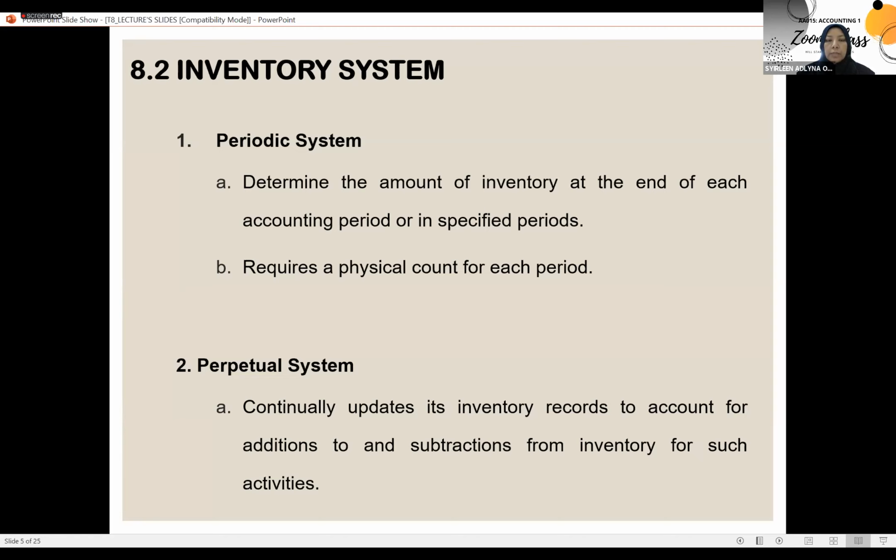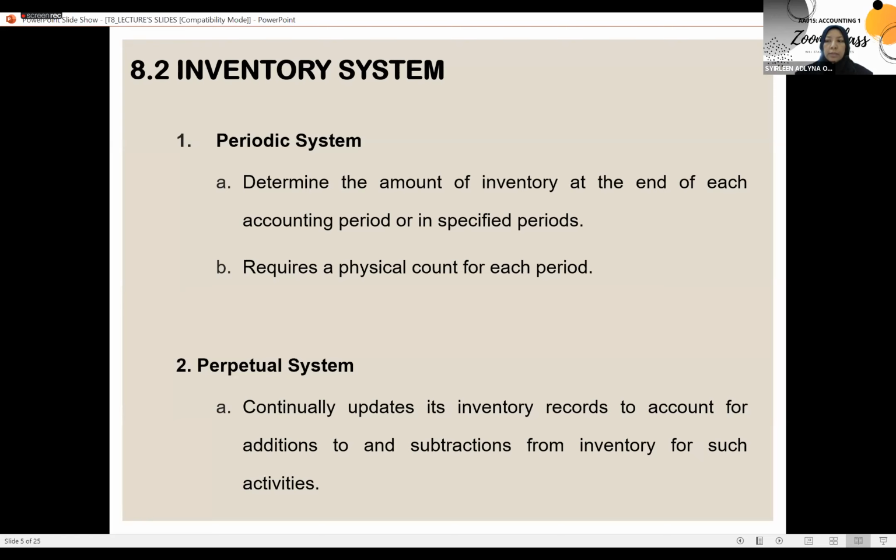So kalau kata awak guna periodic system, let's say tiba-tiba hari ni saya tanya, ada berapa lagi inventory yang ada dalam store, saya tak boleh bagi the actual amount sebab I need to do the physical count bila account tutup untuk bulan tersebut.